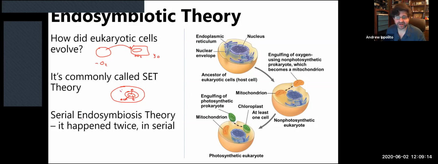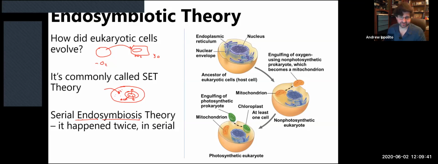So the cell that ate it benefits from this production of energy, and the cell that got eaten benefits from having a warm, safe environment. And so it's mutually beneficial. That's symbiosis, right? So the idea that it was internalized, endo, and that it was beneficial, this is how we believe the mitochondria and the chloroplast arose.